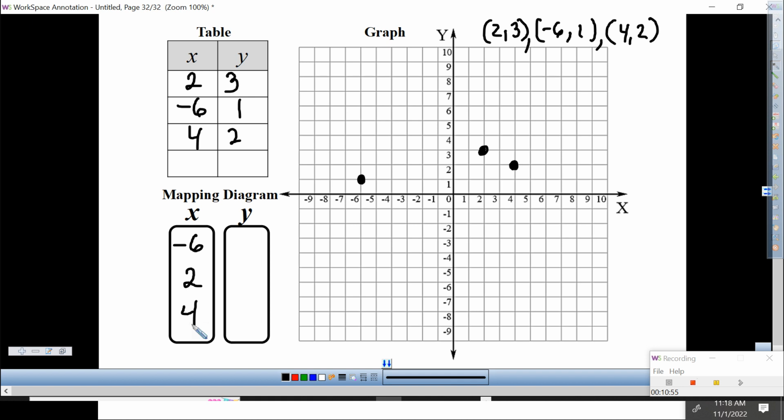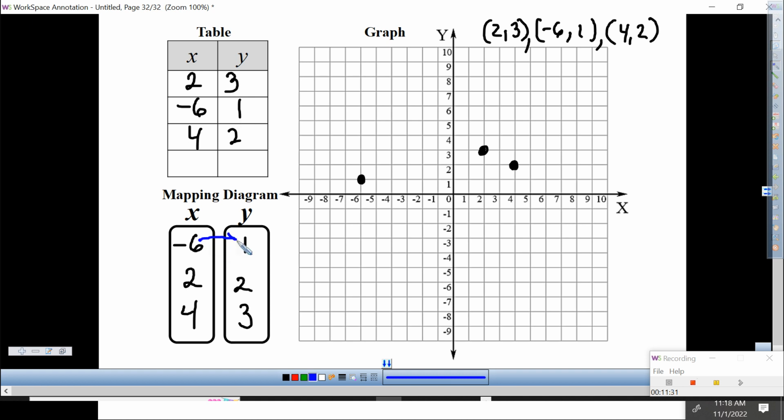Yeah, from least to greatest. So I started with negative 6, then I went to 2 and 4. How about the y's? 1, 2, 3. Also from least to greatest. Now, why is this called a mapping diagram? Because we have to map the value of the x that corresponds to its y. So negative 6 goes to what? To 1, so we need to show it with an arrow.